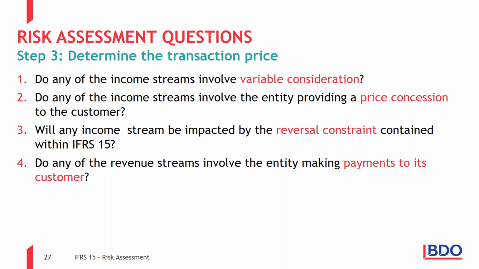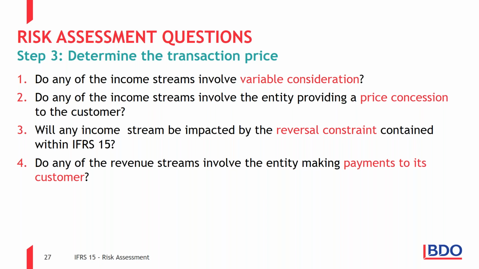Will any income stream be impacted by that reversal constraint? And that's saying it has to be highly probable before we take that variable amount into consideration. And what evidence do you have to support the fact that it's highly probable? Because your auditor will ask for evidence.